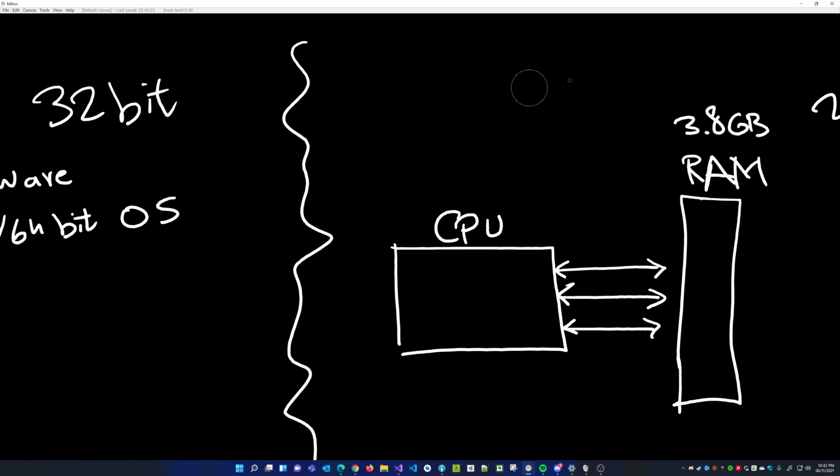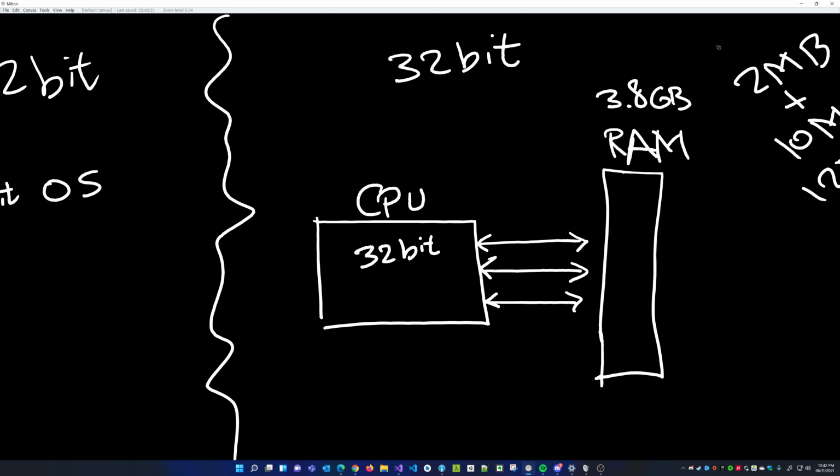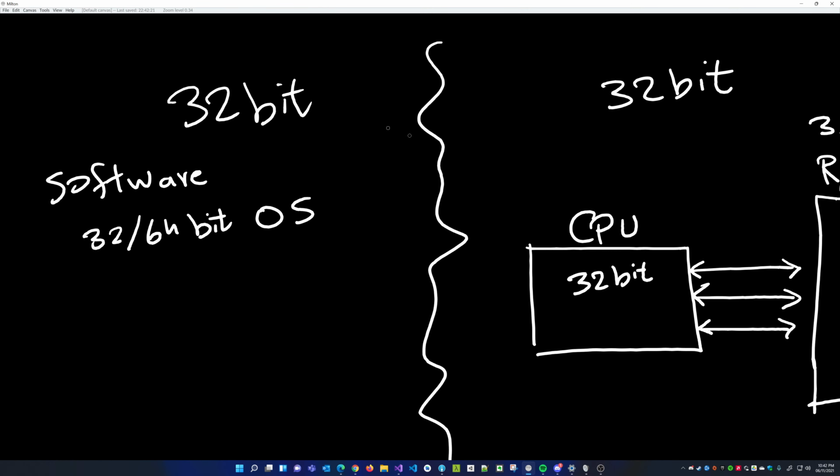So this is for 32-bit. With a 32-bit CPU, you can only address up to a maximum of 3.8 GB of RAM. For a 64-bit, let's put 64-bit here. I drew in the wrong section, so let's do 64.